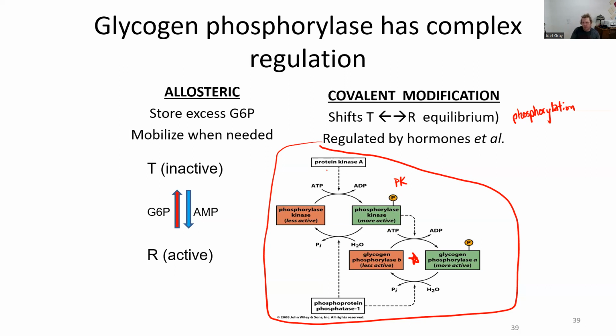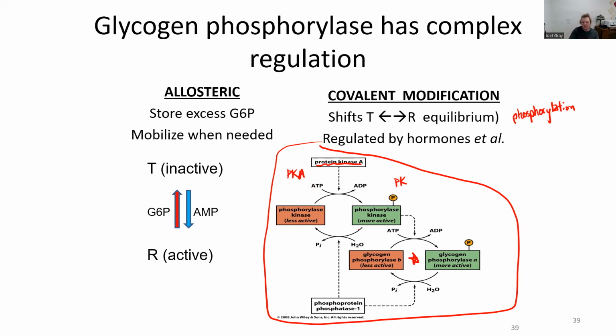This enzyme upstream here, protein kinase A, PKA, is a master regulator, and it is going to phosphorylate phosphorylase kinase in the right environment.